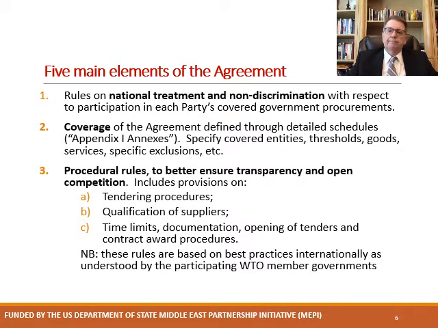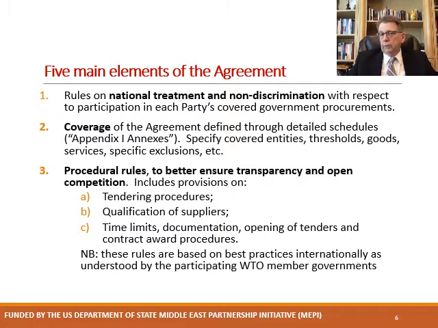And how do we know which government procurements are covered? Well, we know that from some rules within the GPA text itself, but we know it mainly from what are called the market access schedules of the GPA parties. The formal name for these is the Appendix 1 annexes. These are attached to the agreement.